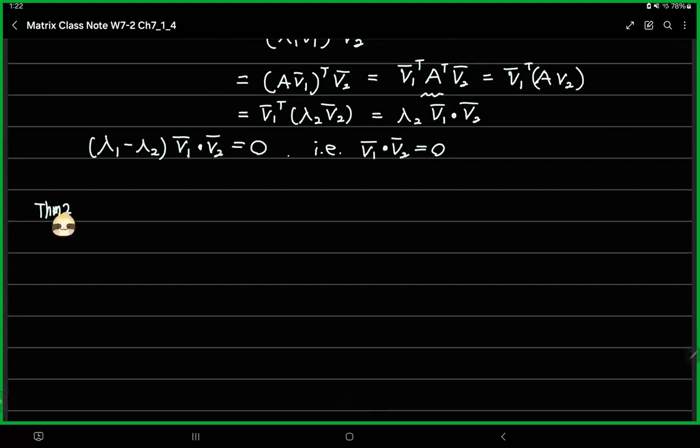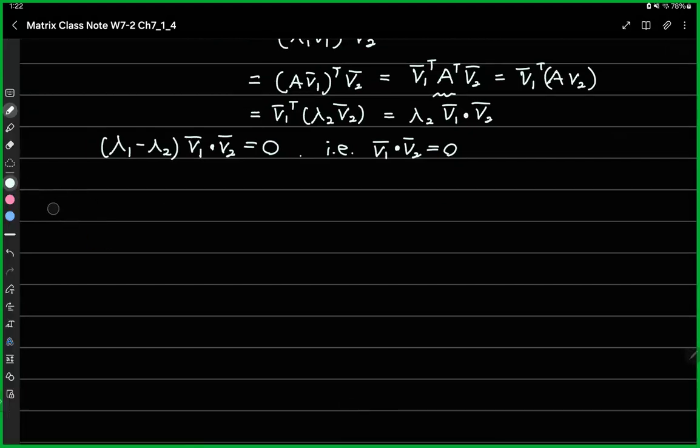Let's see example 3. Example 3 is the case that some eigenvalues are equal. What does that mean? Equal means that its multiplicity is greater than 1, right?